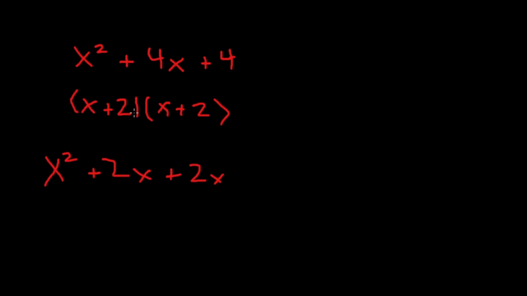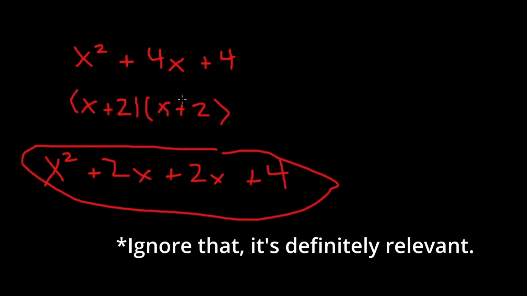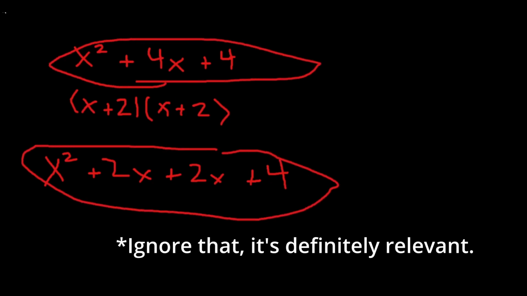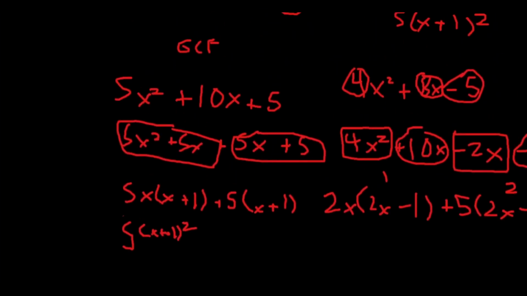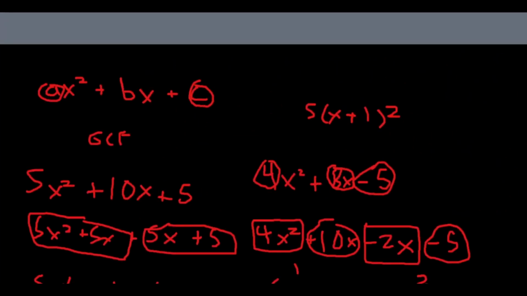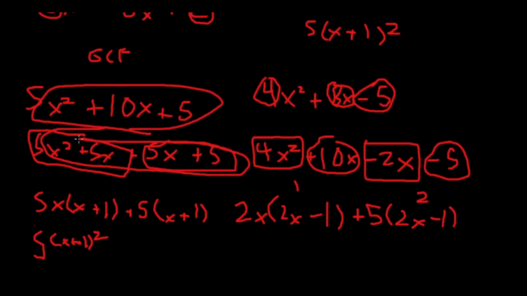Then we have 2 times x, which is 2x again. Then we have 2 times 2, which is 4. It's not super relevant, but you may notice in this right here, and this right here, it may remind you of something we've done before, like this right here.